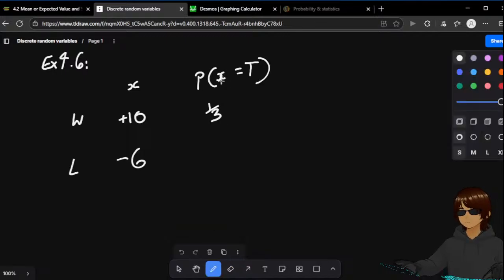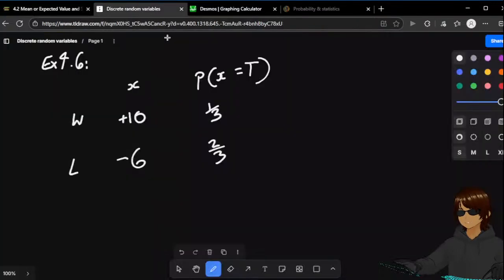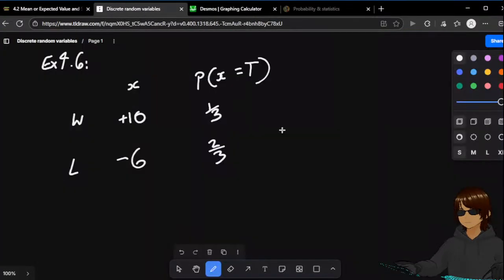Should I write small or big? You toss a head, you pay $6. And then x times the probability, I think this is it, right? So this times this is minus 12 over 3. This times this is 10 over 3.